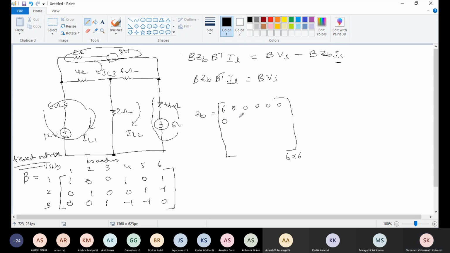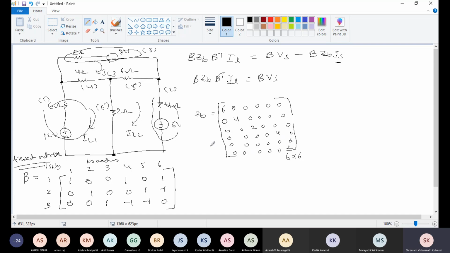Branch 2 is 4, the rest 0. Branch 3 is 2, the rest 0. Branch 4 is 4 ohm. Branch 5 is 6 ohm. Branch 6 is 2 ohm. See here, this is branch 1, this is branch 2, this is branch 3, this is 4, this is 5, this is 6.